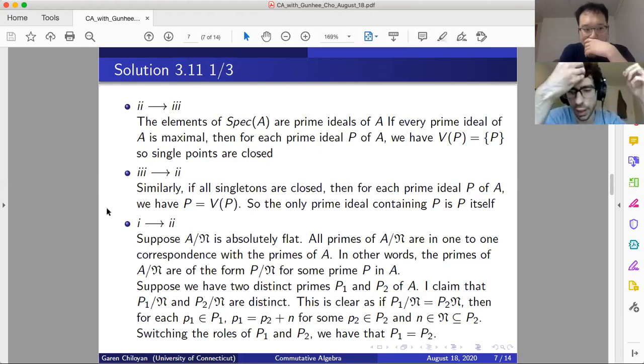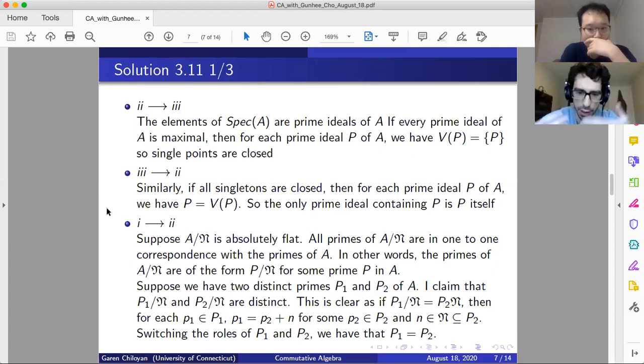I'm going to make a lot of statements and then make a conclusion. The prime ideals of A mod n are in one-to-one correspondence with primes of A, because every prime ideal contains n. So all primes of A mod n are of the form P mod n for some prime P in A. Also, if you have two distinct primes P1 and P2 of A, then P1 mod n and P2 mod n are distinct in A mod n.